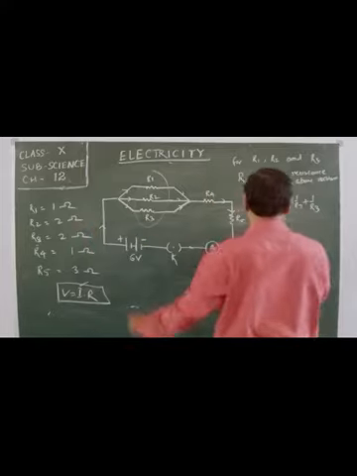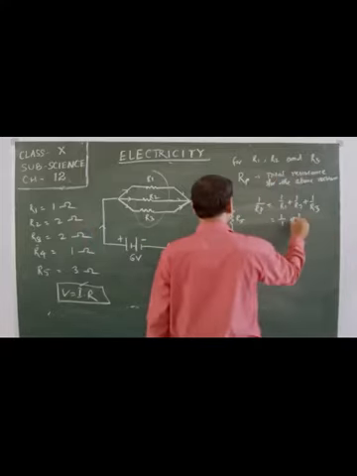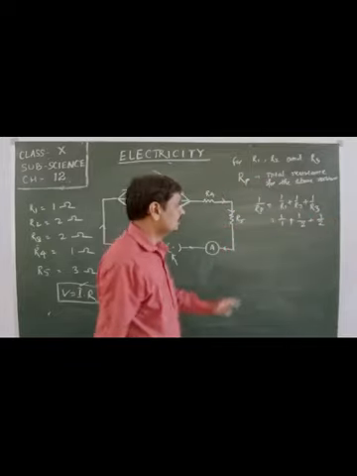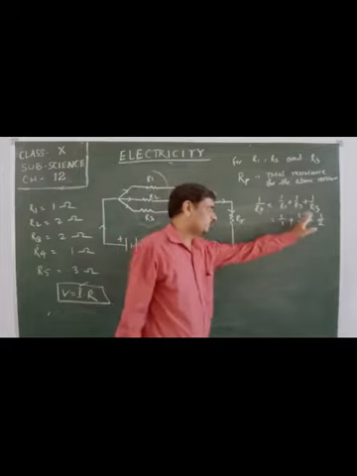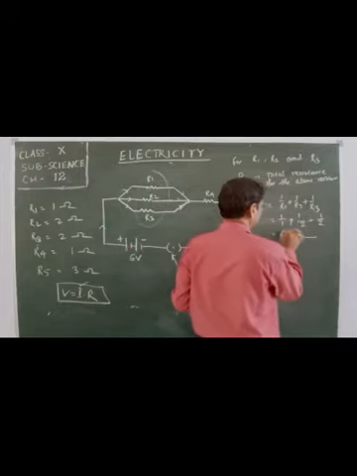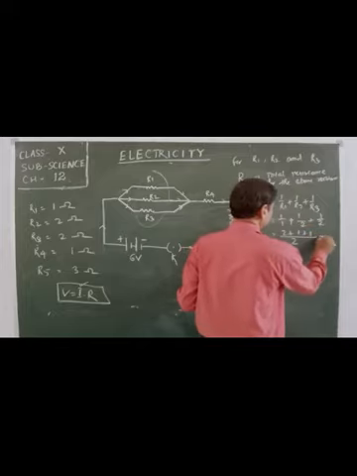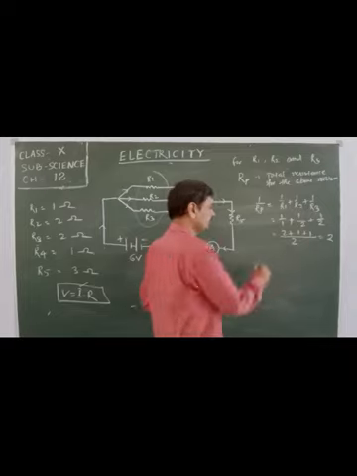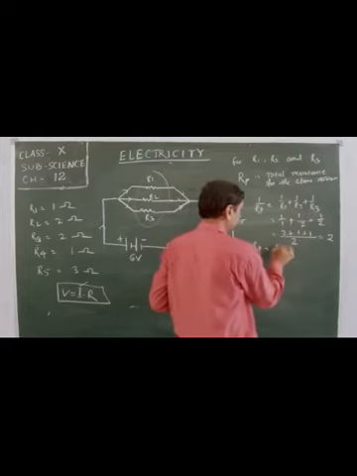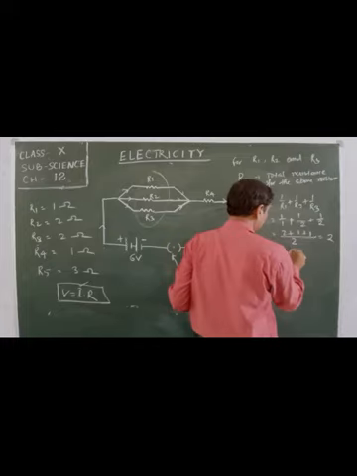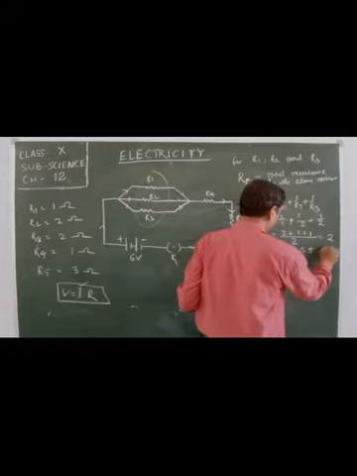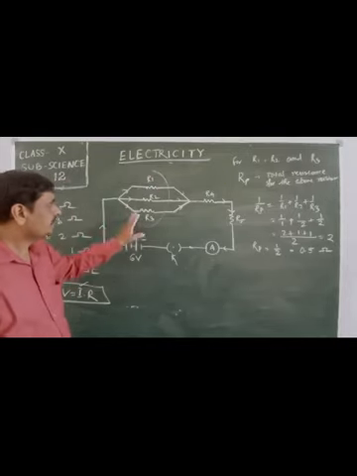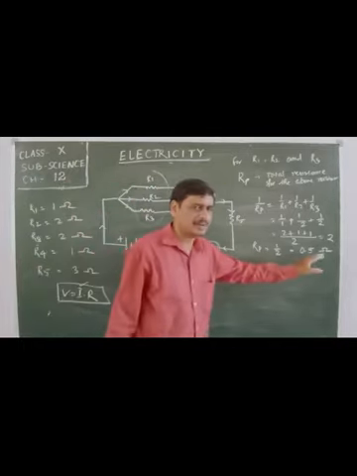R1 is given as 1 ohm, R2 as 2 ohm, and R3 as 2 ohm. So 1 by RP is 1 by 1 plus 1 by 2 plus 1 by 2. The LCM is 2, so it becomes 2 plus 1 plus 1 over 2, which is 4 by 2, that is 2. 1 by RP is 2, then RP will be 1 by 2, equal to 0.5 ohm. Here the total resistance of these 3 resistors is 0.5 ohm.